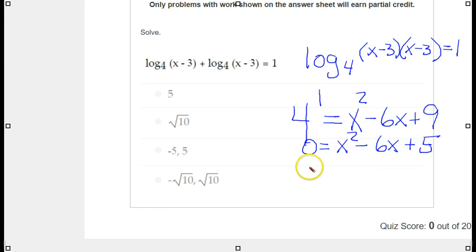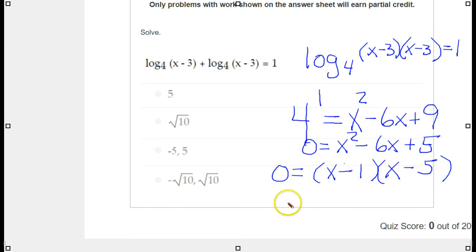Now I believe that's going to factor. So let's give it a try anyway. Yes, it will. X squared, well, let's go for x and x. 5 and a 1. When I FOIL it, it checks. So we then get x here equals 1. Here, x equals 5.